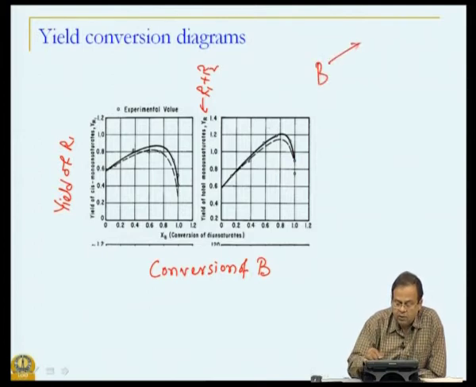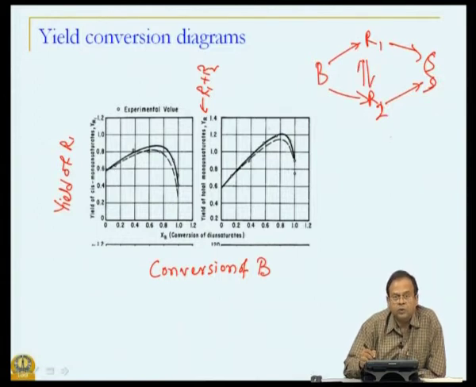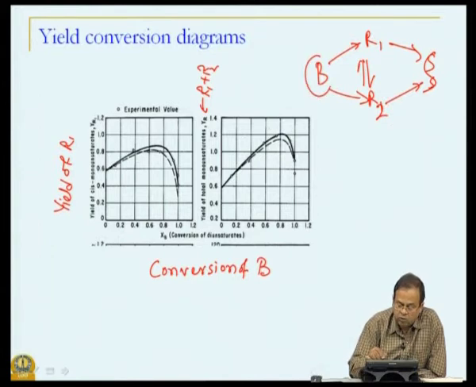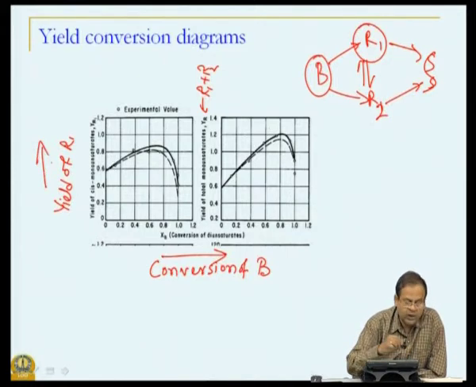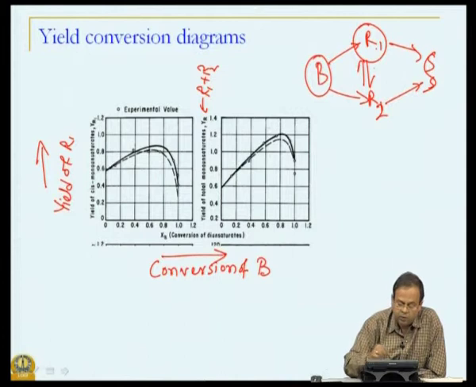Once again, our scheme is these hydrogenation reactions with some isomerization reactions. So, if we look at conversion of B on the x axis against R1 on the y axis over here, or R1 plus R2 in the second plot, we see the following.